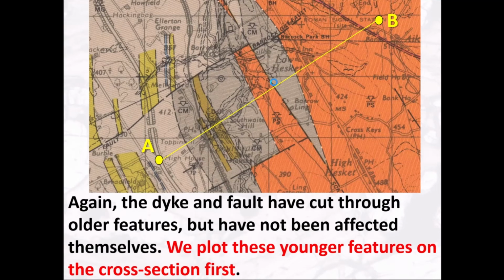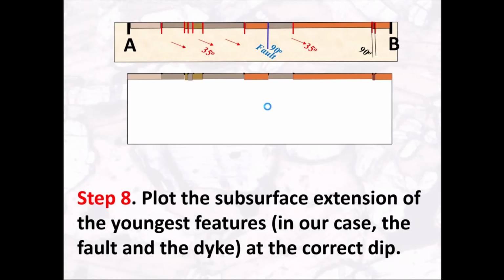So what we can do then, once we've got these two youngest features, is plot these on our cross-section. At this point we can plot the subsurface extension of these youngest features, in our case the fault and the dike. And because of their outcrop patterns, and because we haven't drawn any structural contours or anything like that, I'm going to draw them as vertical features.